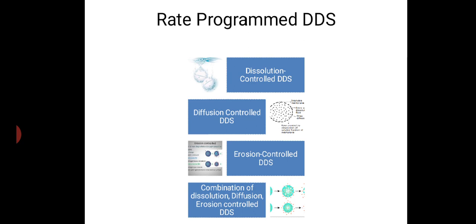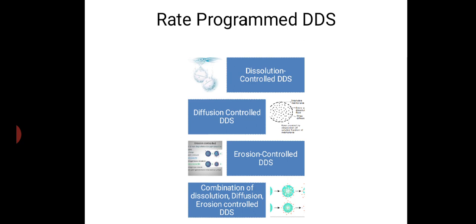So simply, if you say erosion, something is eroding. Suppose you have a tablet made of a polymer matrix, the polymer matrix is being eroded from the delivery system. A small portion is eroded out of the system. Such a type of system, we call an erosion system.